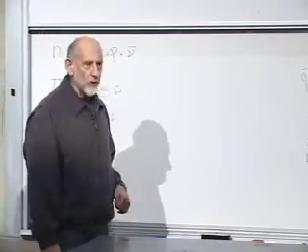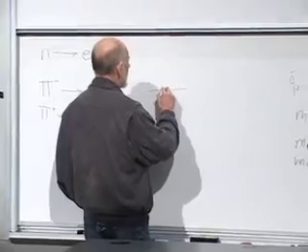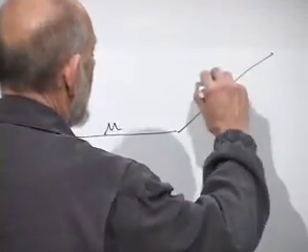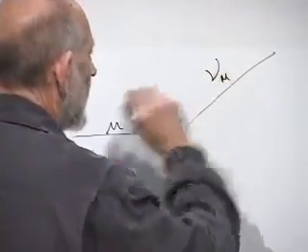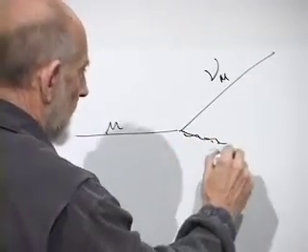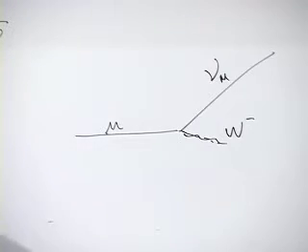The muon is also something that can decay. Here's the muon moving along. Now what can the muon do? The muon can become a muon neutrino and emit a W. What kind of W? W minus. It can become a W minus and a neutrino.